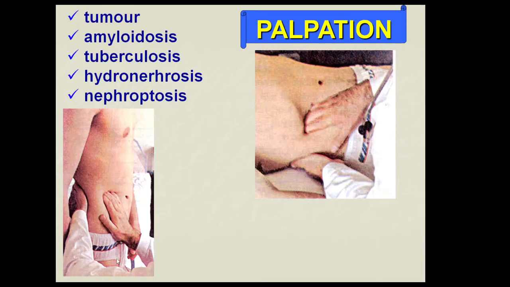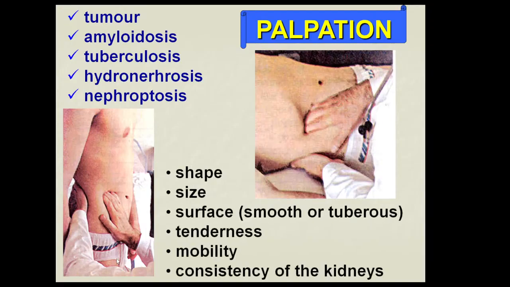The kidney is palpable in new growth, amyloidosis, tuberculosis, hydronephrosis, and nephroptosis. If the kidney is palpable, to differentiate the pathology, we pay attention to its shape, size, surface, tenderness, mobility, and consistency. I remind you again, in health the kidney is impalpable.